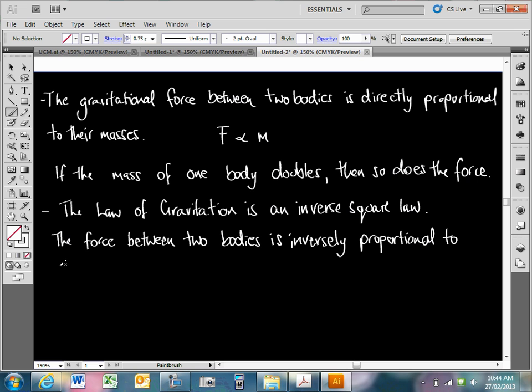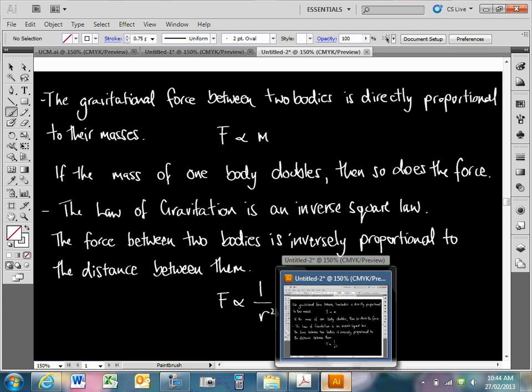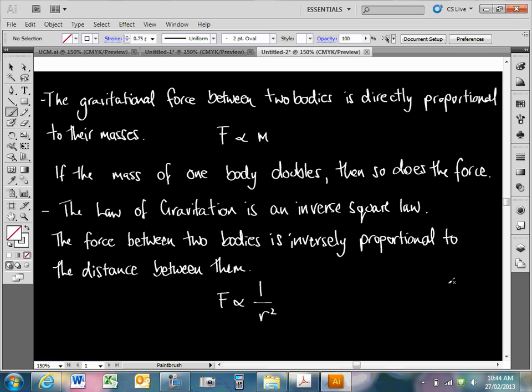Inversely proportional to the distance. F is proportional to, that little insignia means proportional to, 1 on r squared.